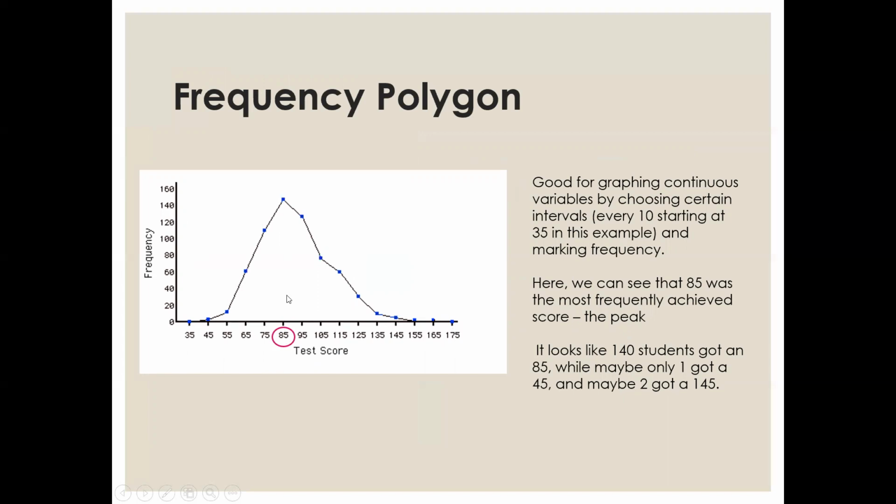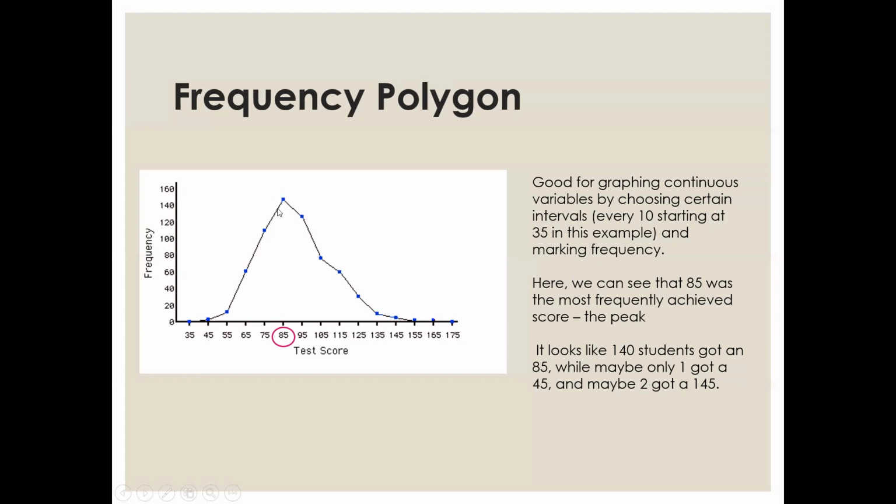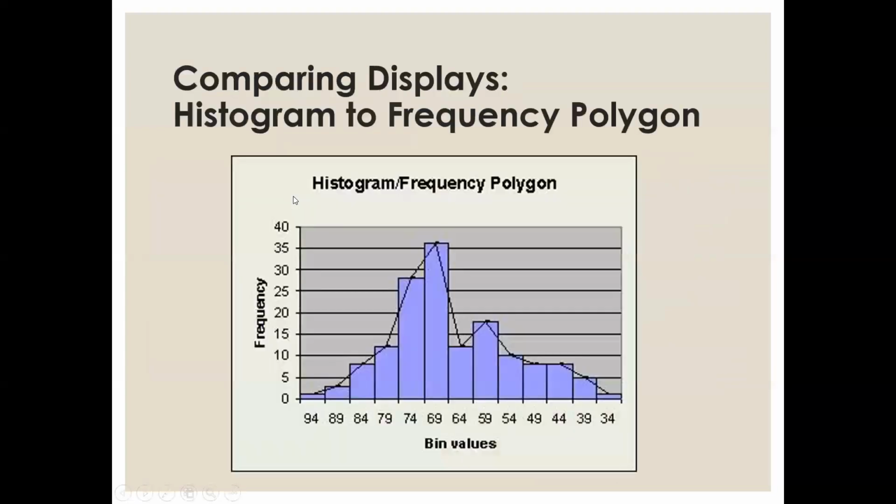So it looks like if we count up, about over 140 students got an 85, while if we look at 45, one got a 45, and look at 145, maybe one or two. So we can see where those scores kind of all hang out or cluster. So again, here, we see the scores are clustered in this area. Here, we see the scores are clustered in this area.